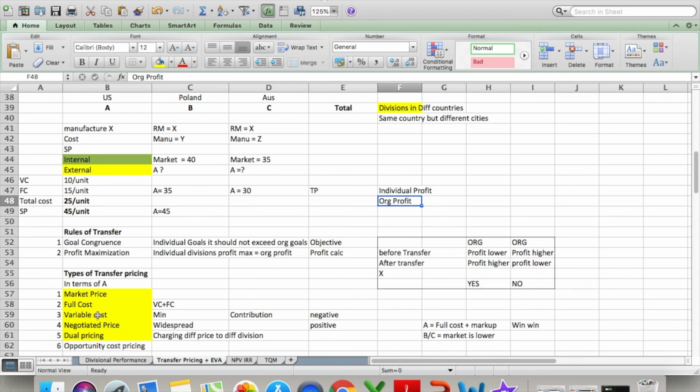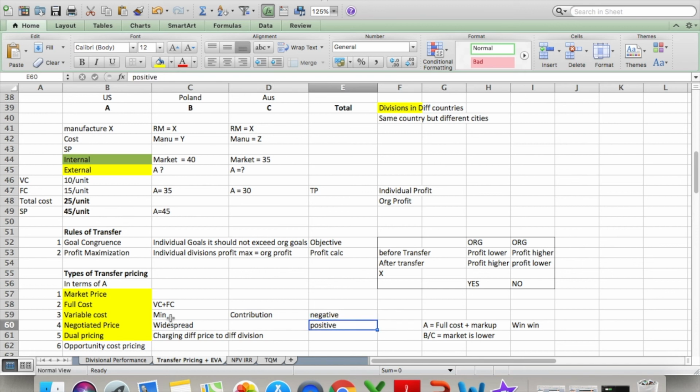The third is variable cost. This is the minimum transfer price. You cannot go below that. Why? Because if A sells anything below its variable cost, its contribution is negative, and you don't want any division's contribution to go negative, right?